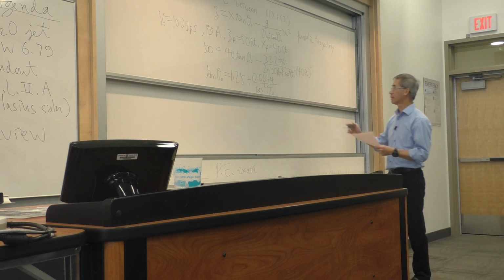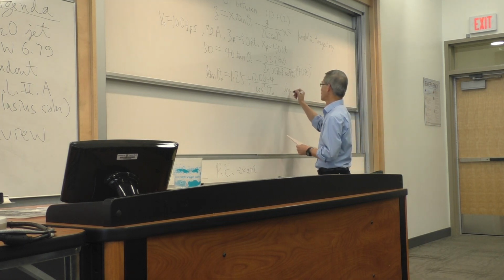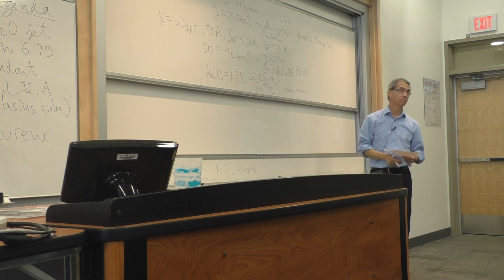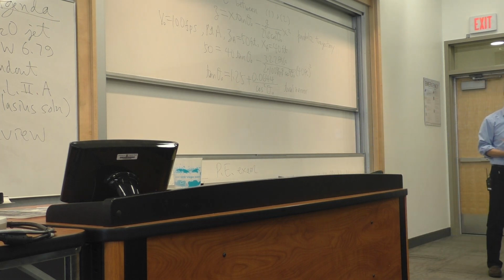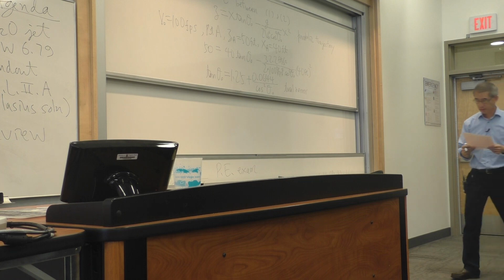The only way you can get to the answer is by guessing. Take a value of theta, 5 degrees, put it in the left-hand side and the right-hand side, see if they are equal. If they don't, go to 10 degrees, 15, and so on and so forth, until you get to the answer.